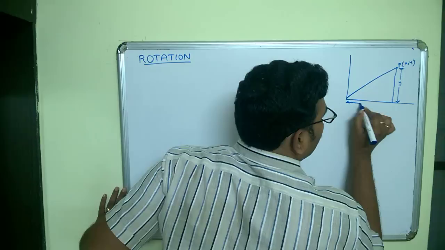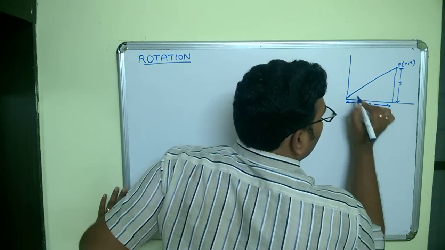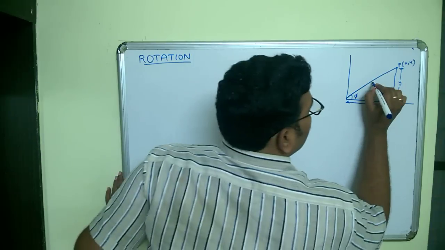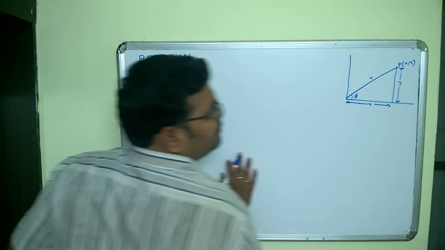This is the y coordinate, this is the x coordinate, this is phi, and this is r.